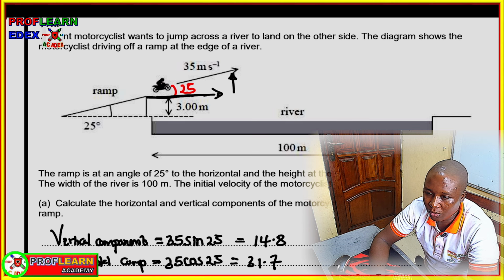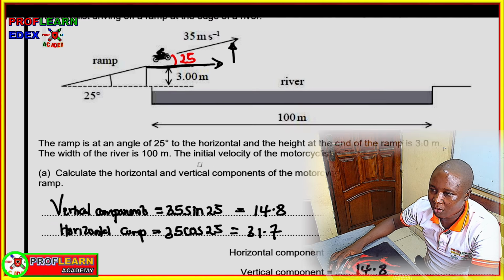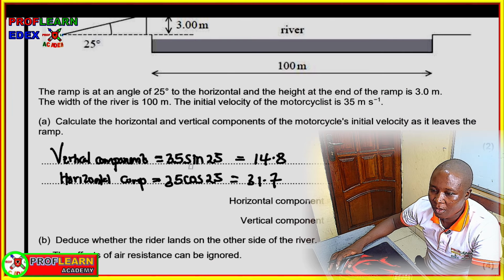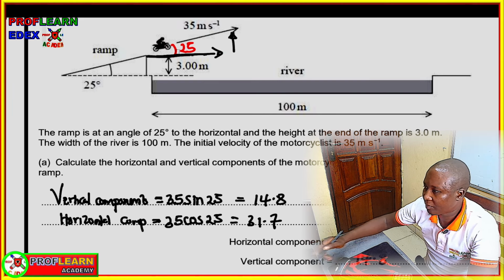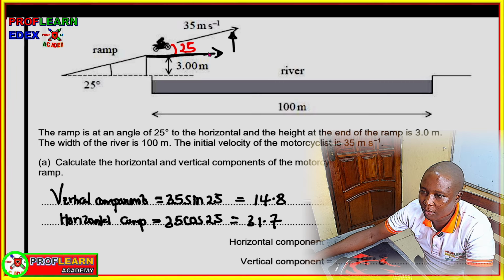So the first thing that you need to work out is the vertical and horizontal components. If you work them out, the horizontal component is going to be 35 cos 25, and the vertical component is going to be 35 sin 25.